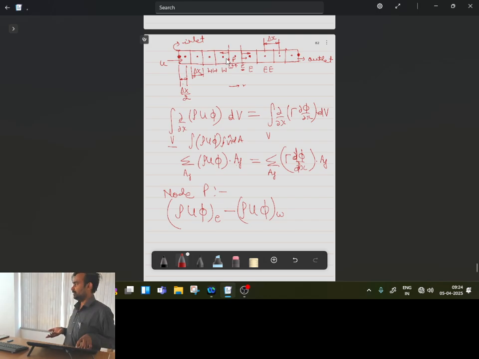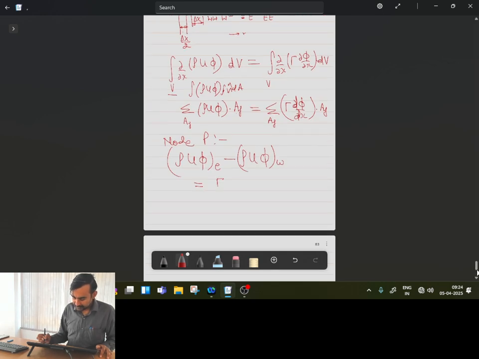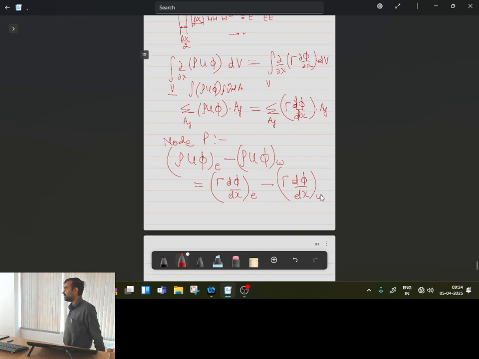Outgoing minus incoming. So from there, physically also you can relate it. Is this one clear? Now, rho u phi at E minus rho u phi at W has to be equal to gamma times d phi by dx at the east face of the present node minus gamma d phi by dx at the west face. Are all clear with this point?